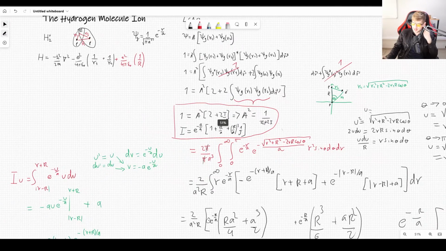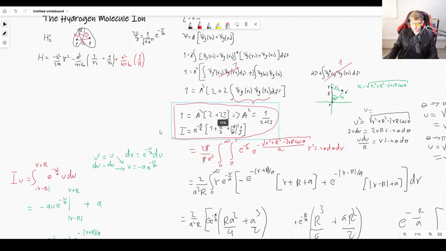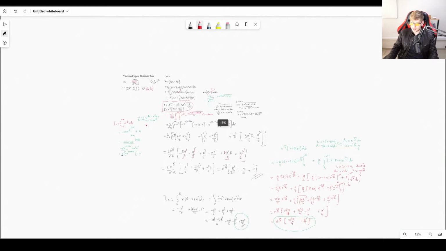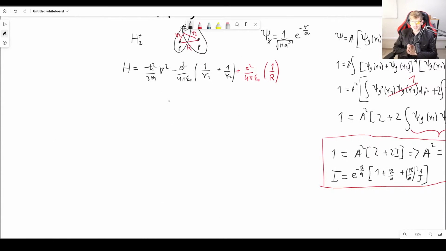Okay, so that is the part due to normalization. We normalized our wave function. Congratulations, it only took us 50 minutes. Okay, so now I'm gonna make some room. Okay, so now that we found the normalization constant, we can actually begin solving the problem.